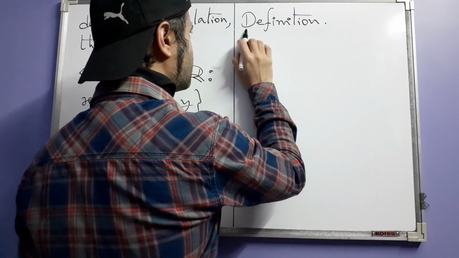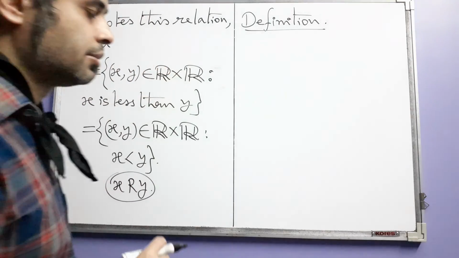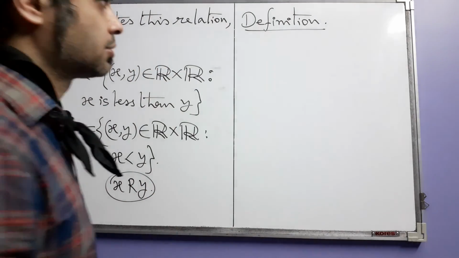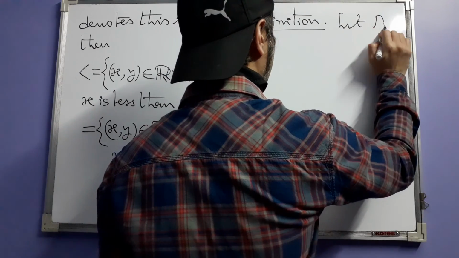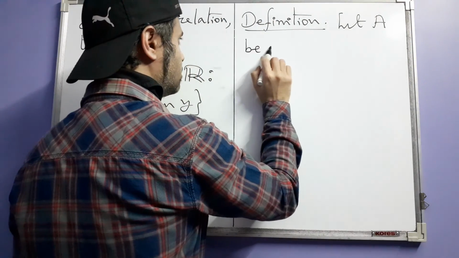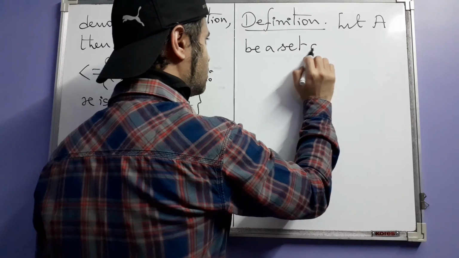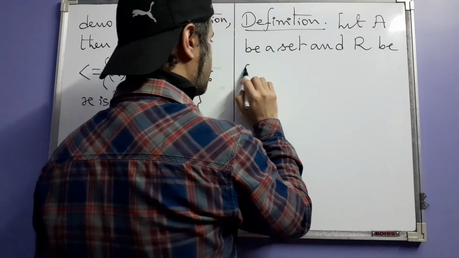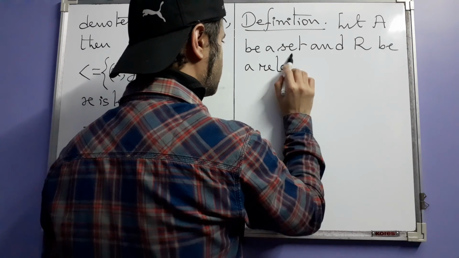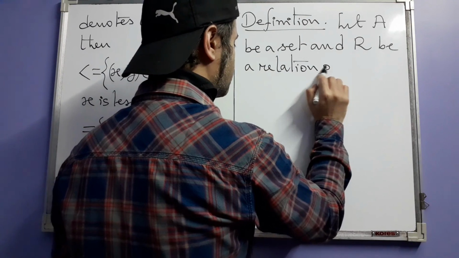An equivalence relation includes in it three types of relations simultaneously. Let A be a set and R be a relation on A.